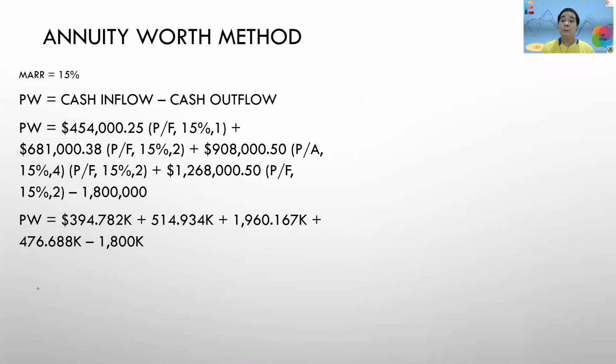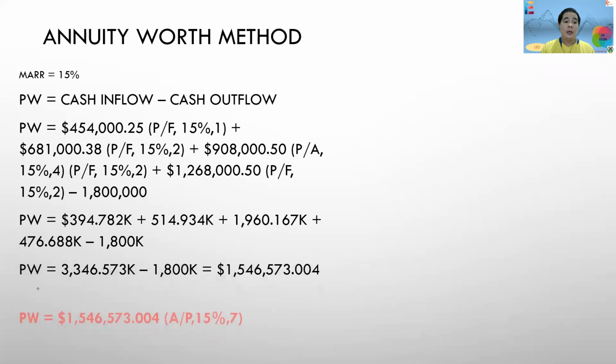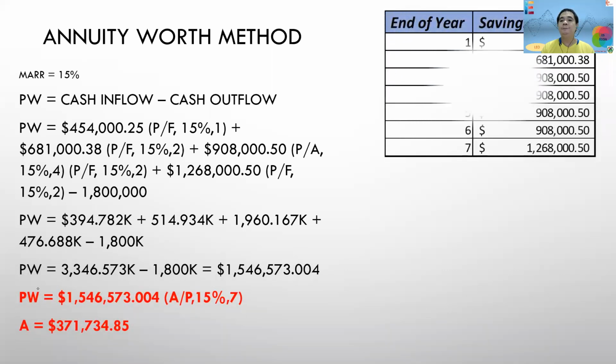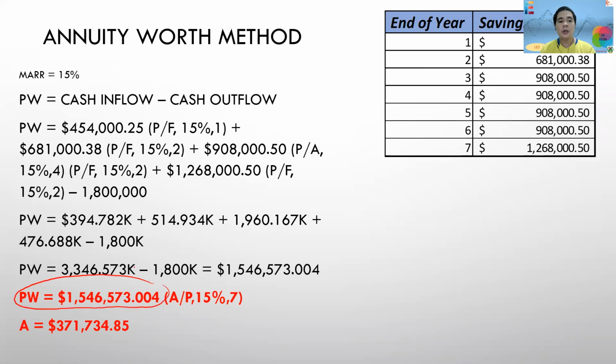Now, let's try to compute it using the present worth. Provided that we are computing it in your present worth, here is your table. On our first discussion on the present worth method, we already know that the present worth is around 1.5 billion.